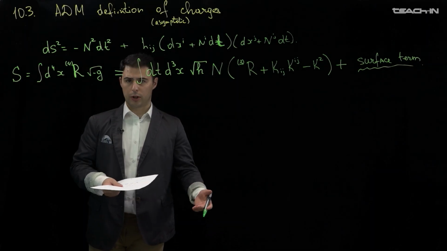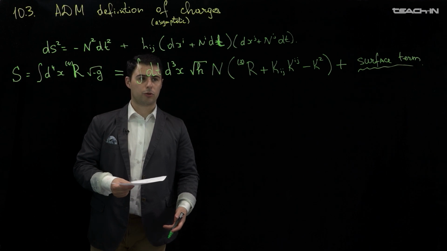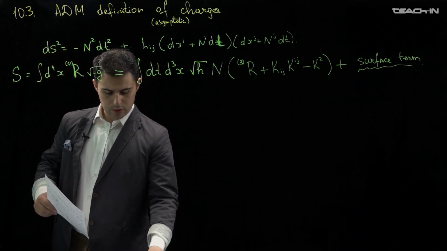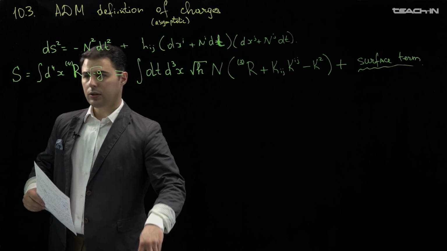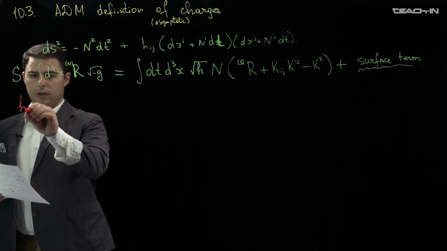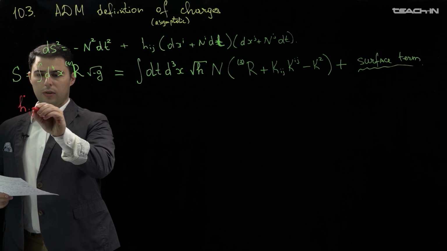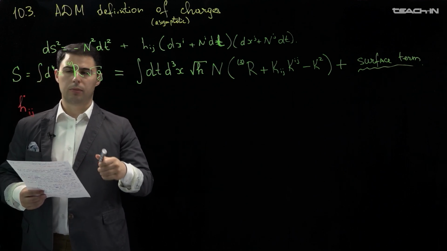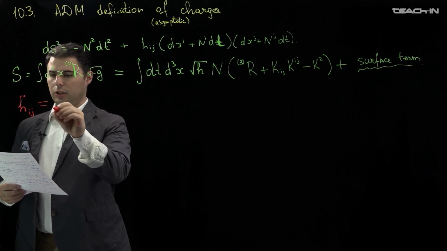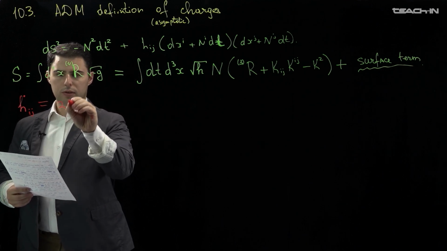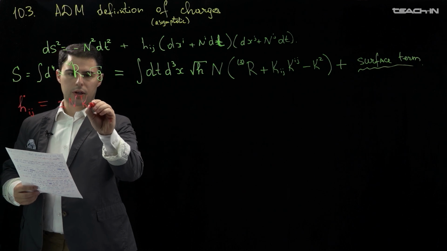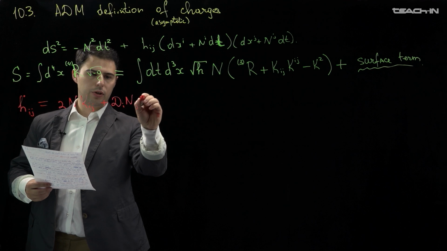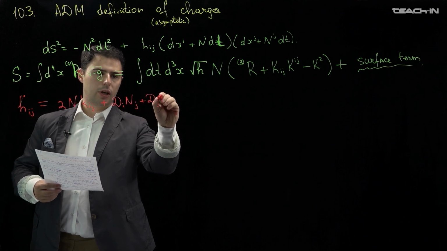So in the Hamiltonian formulation, we must first find the conjugate momenta. Recall that geometrically, the evolution of the metric on the space slice h_ij is given by 2N K_ij plus D_i N_j plus D_j N_i.